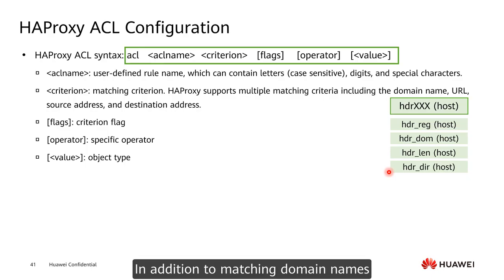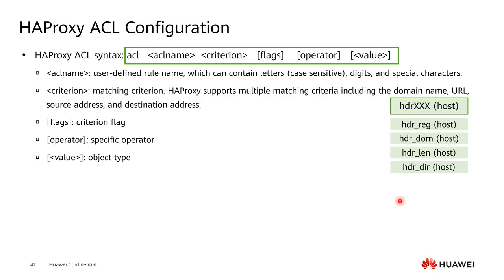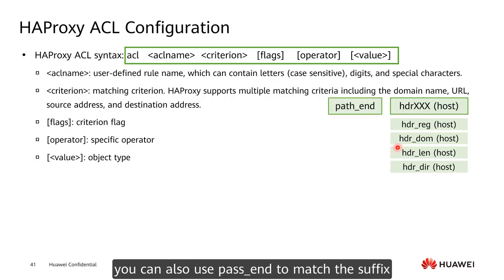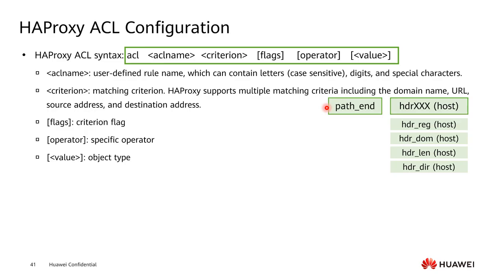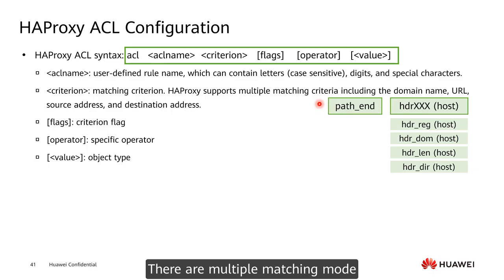In addition to matching domain names, you can also use path_end to match the suffix of the path. Similar to hdr host, there are multiple matching modes.